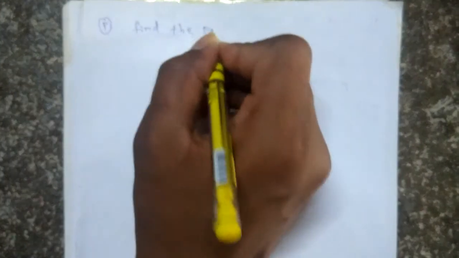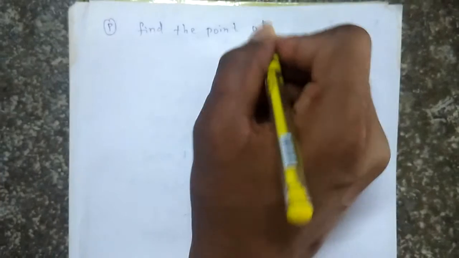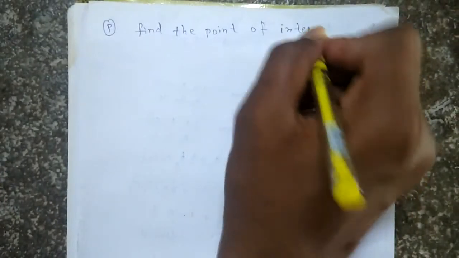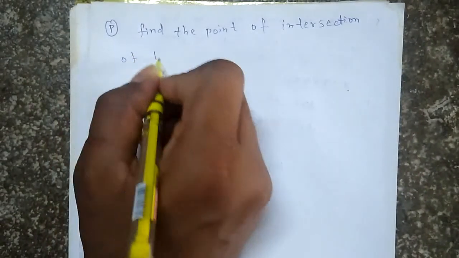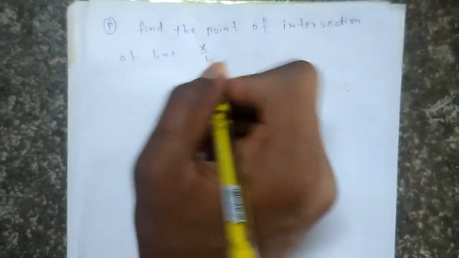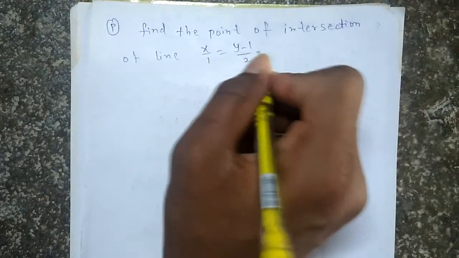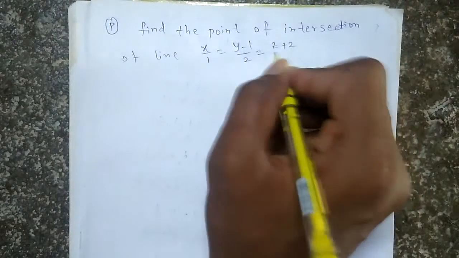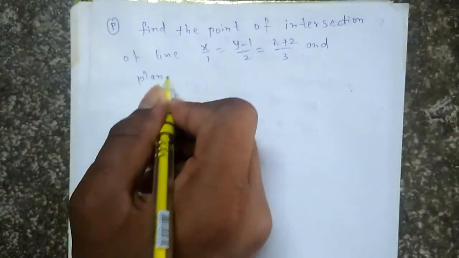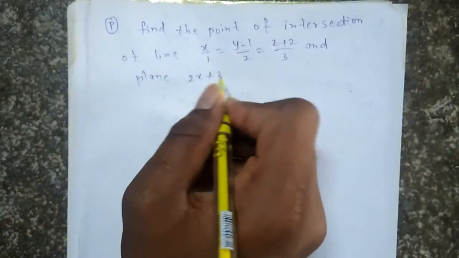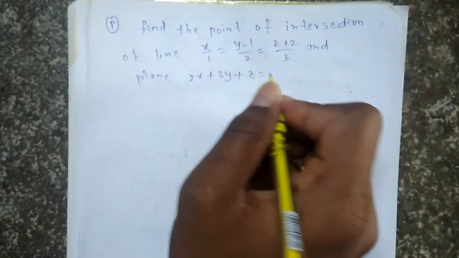Our next problem is find the point of intersection of the line x by 1, y minus 1 by 2, z plus 2 by 3, and the plane 2x plus 3y plus z is equal to 0.